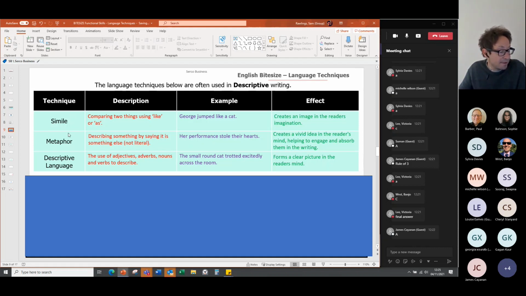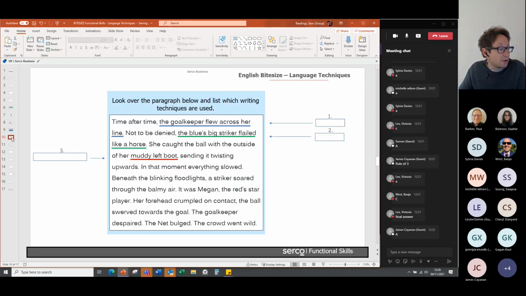So that's our descriptive language techniques. There's only 3 of them: simile, metaphor, and descriptive language. What I'm going to do is just jump forward to here, and we're going to do a similar sort of exercise. So in the chat box, tell me what you think number 1 is, tell me what you think number 2 is, and tell me what you think number 3 is. Let's see how you get on.